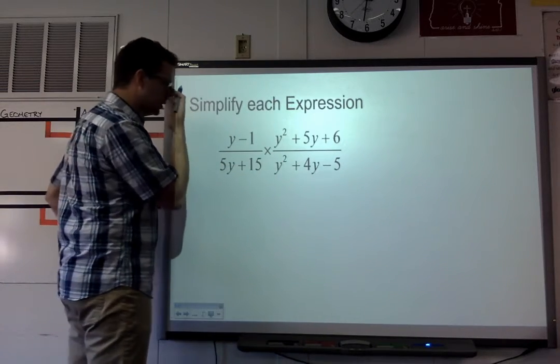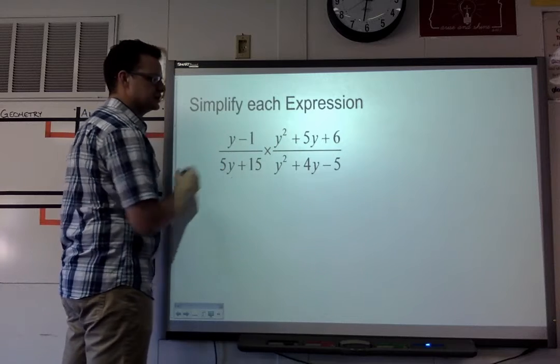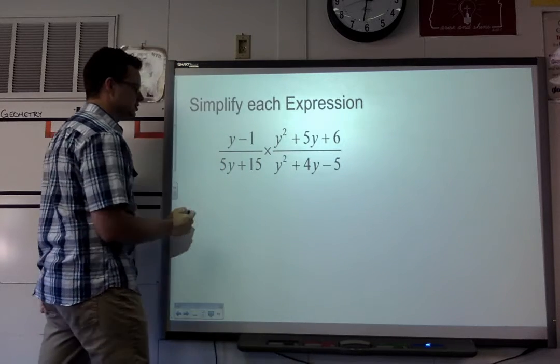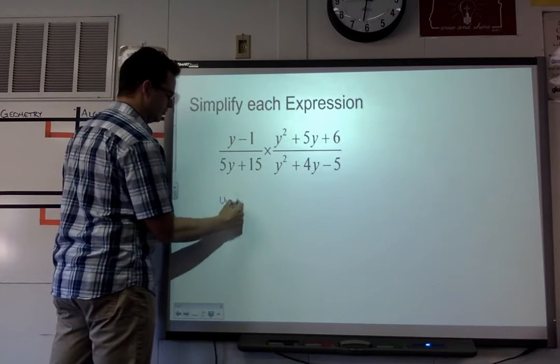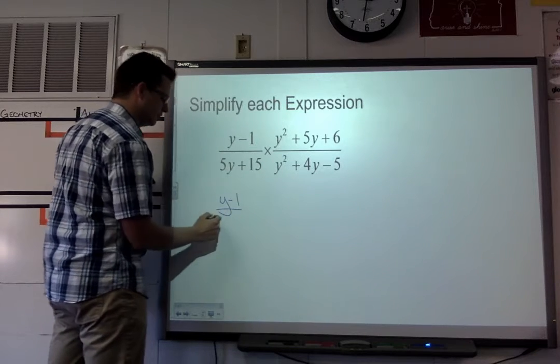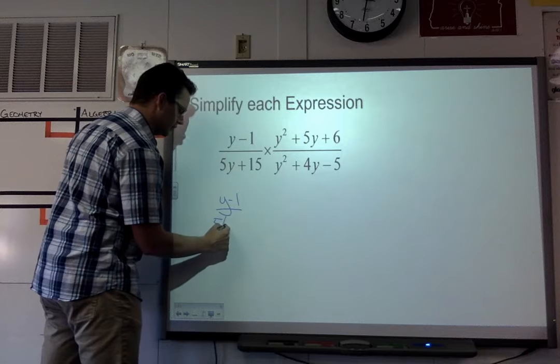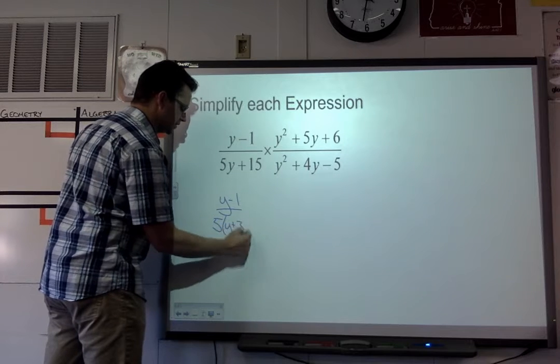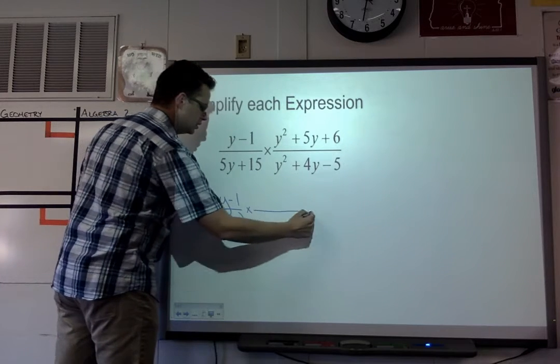So the first thing I'm going to do is write this out so that everything is in its factored form. So I would have y minus 1 over, I can factor a 5 out of this, and that would become 5 times y plus 3.